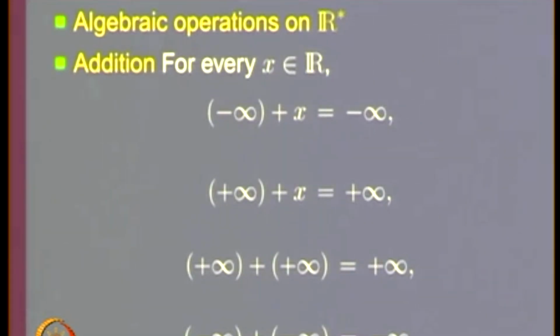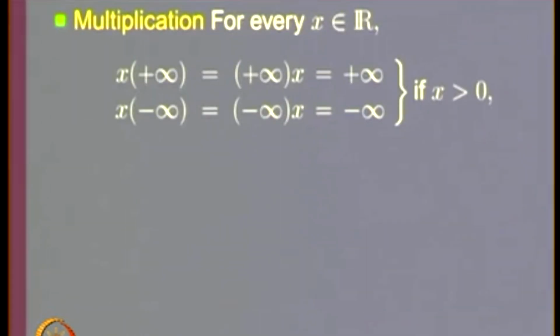And let us specify that plus infinity plus minus infinity is not defined. So these are the only four relations for addition of plus infinity and minus infinity with respect to x, and with themselves.